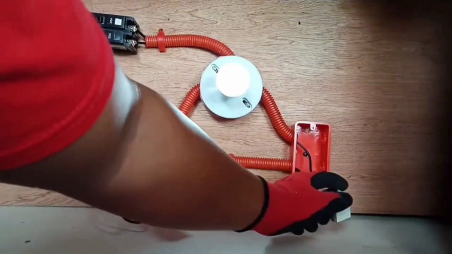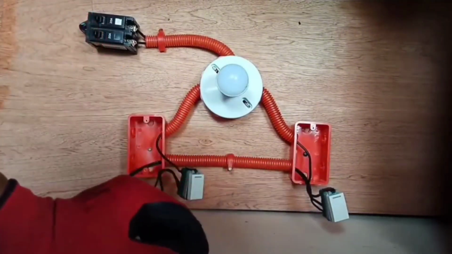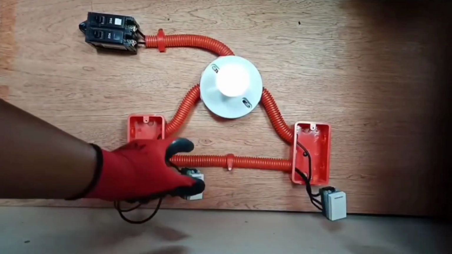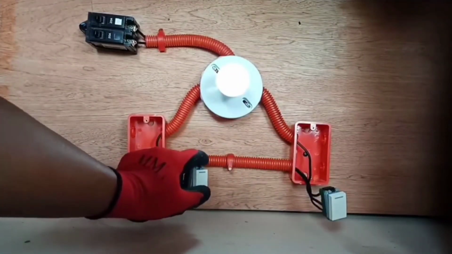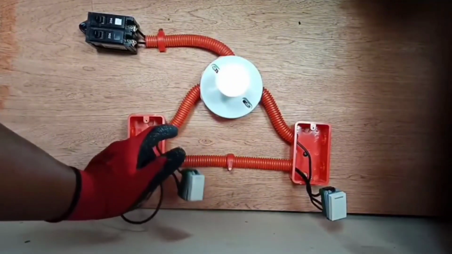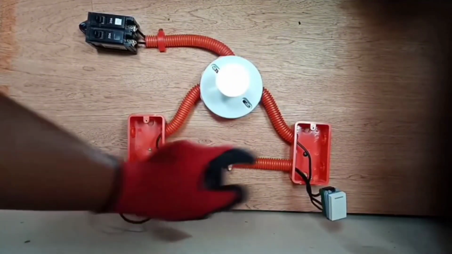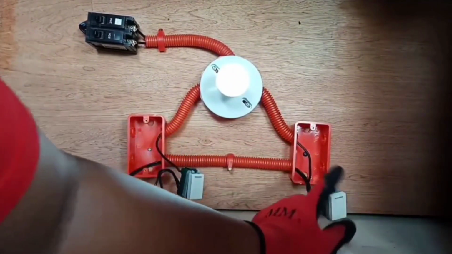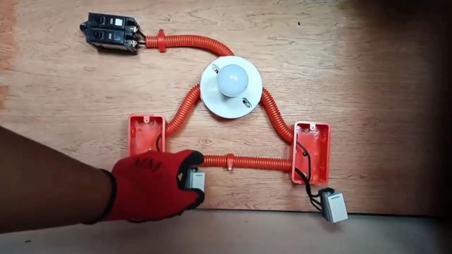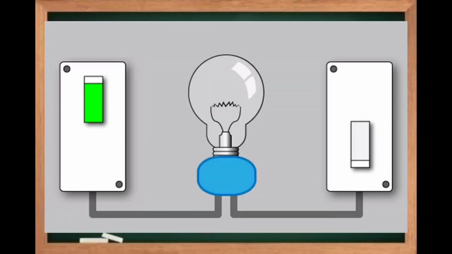Now, we can turn it off at the right side and turn it on again at the right side, and also you can turn it off at the left side and turn it on, and you can also turn it off at the right side. That is how a three-way switch circuit works.